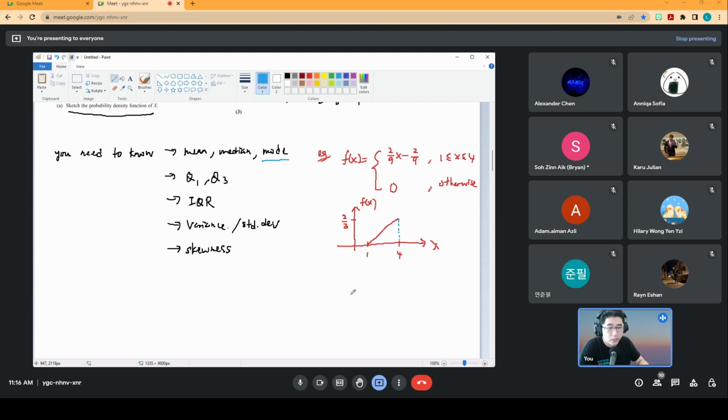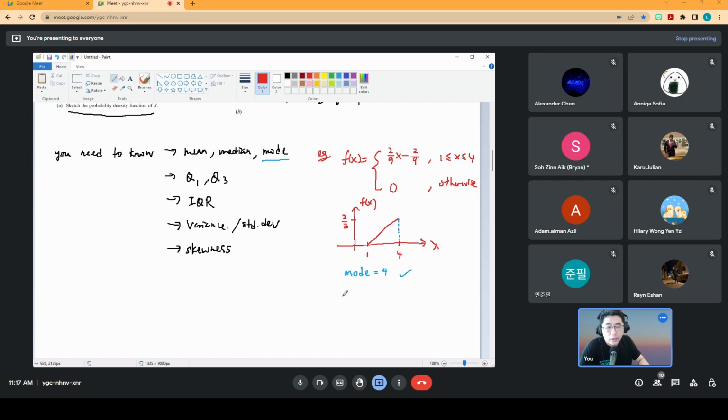Remember in chapter 1, we learned about mode: the value of x with the highest frequency. Here it is the highest probability, which means it's the highest point of the graph. The mode is 4. The mode that we want is 4.